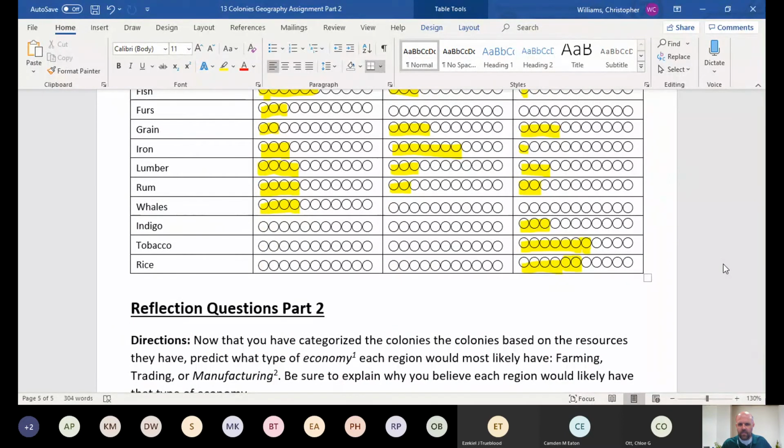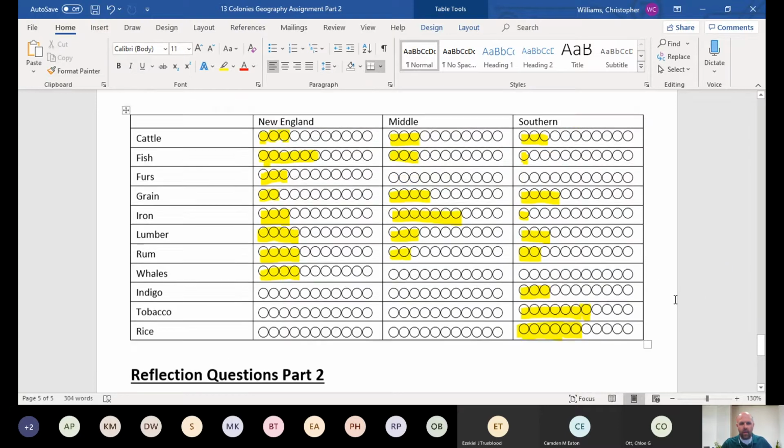So here, let's reflect for just a second on what we're looking at. What we have here is a good overview of what each region is going to depend on for their economy.